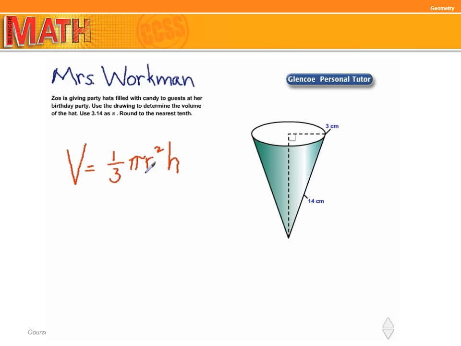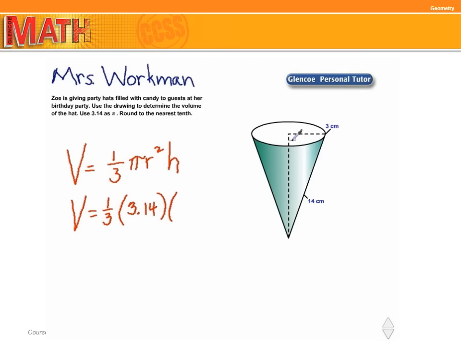Pi r squared, that look familiar? Area of a circle. We're after the volume, and so that means we'll substitute in values for pi, for r, and for h. We were told in the problem to use the approximation 3.14 for pi.